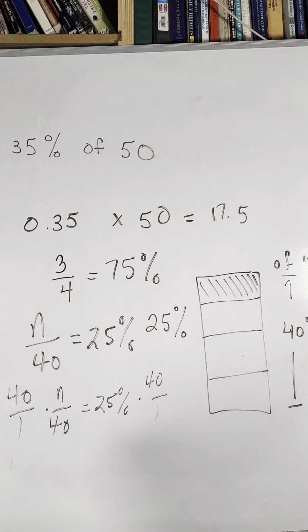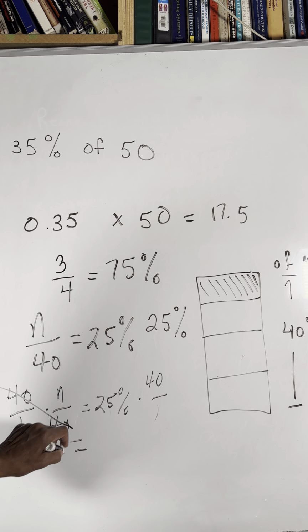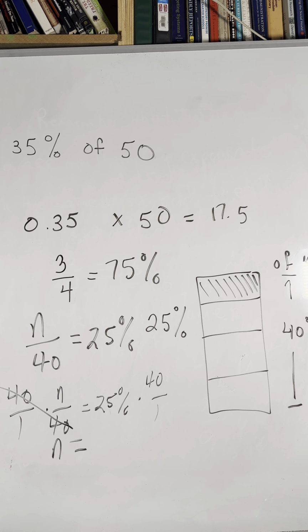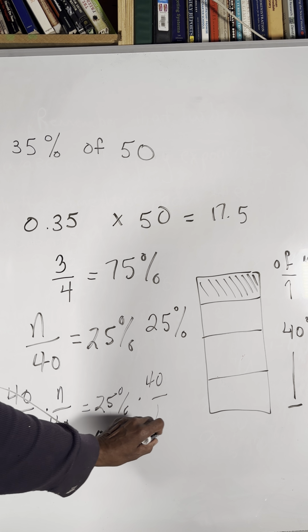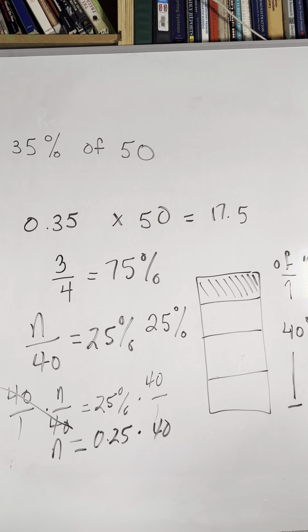Good. Now, on the left, 40 cancels out. n is by itself, right? So now you would change the 25% into its decimal equivalent, which is 0.25, right? 0.25 times 40. This is the mathematical and algebraic reasoning on what we just did.